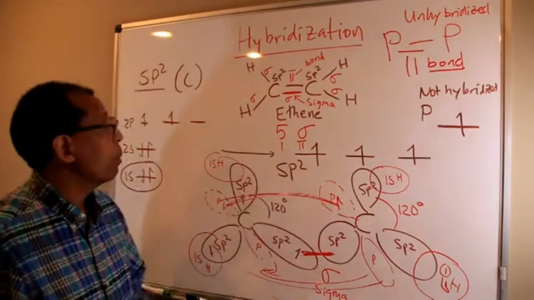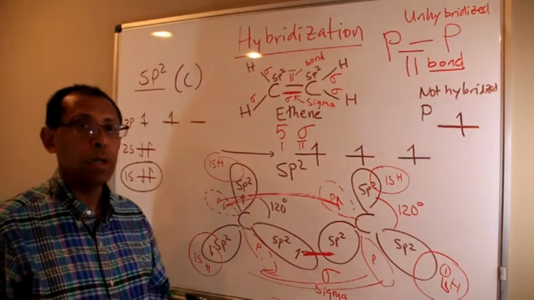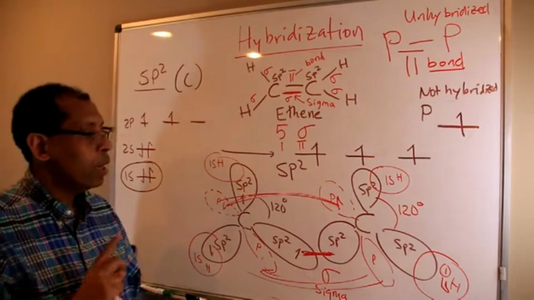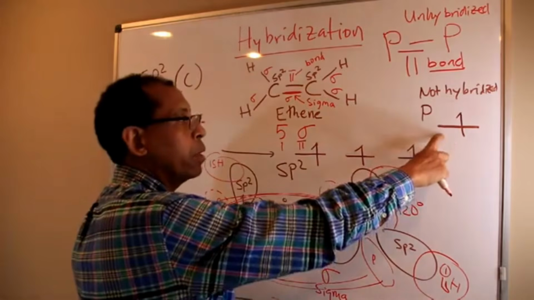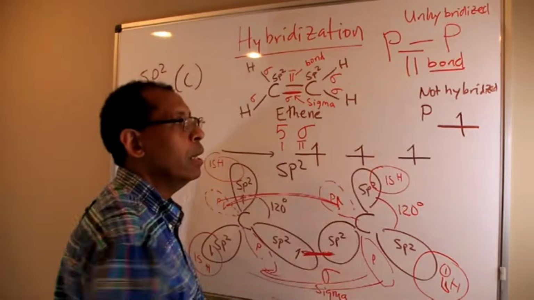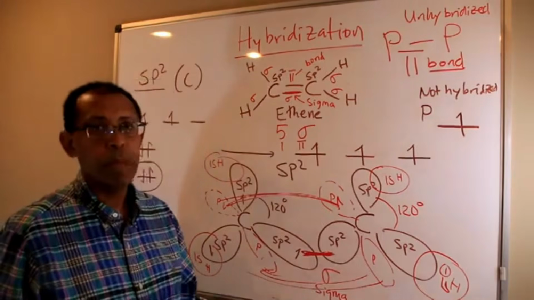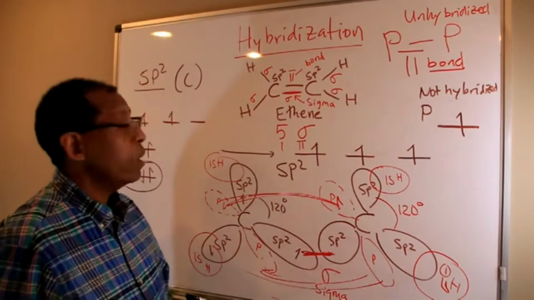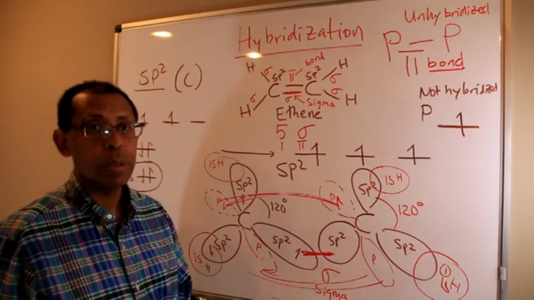That is a pi bond in sp2. So in sp3 hybridization, there is no pi bond. In sp2 hybridization, since there is one unhybridized p orbital left, the unhybridized p orbital makes a pi bond. So I will proceed to the next section, which discusses sp hybrid orbitals.